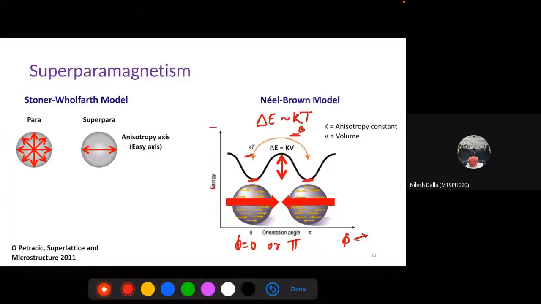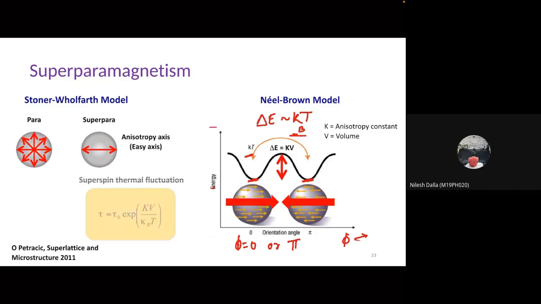So if you go to a smaller volume, this delta E, the barrier, will decrease, and therefore the thermal energy will be enough to overcome this barrier, and your magnetization will fluctuate just like a paramagnetic case. That is what gives rise to a zero coercivity, or these superparamagnetic fluctuations.